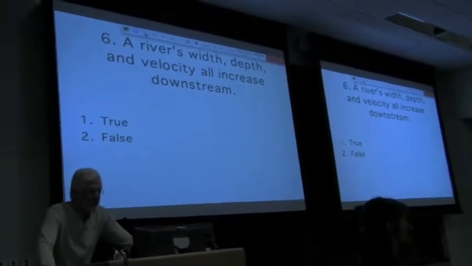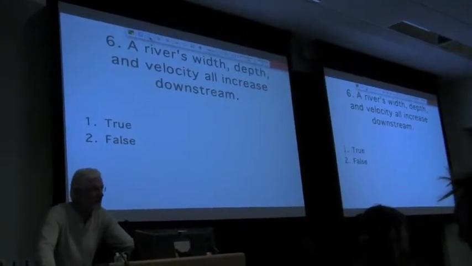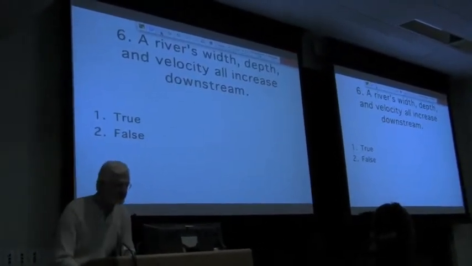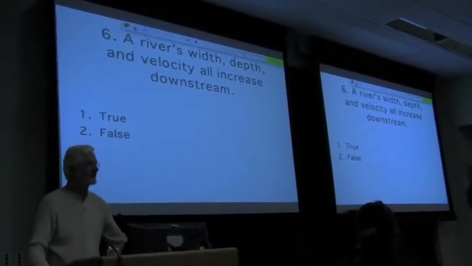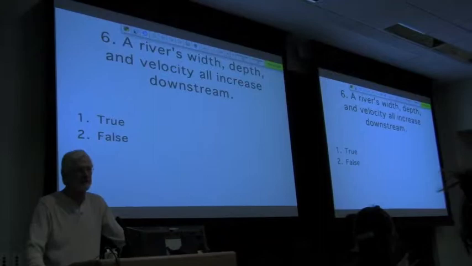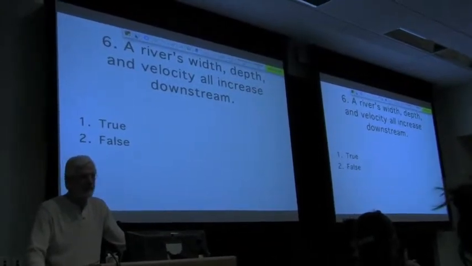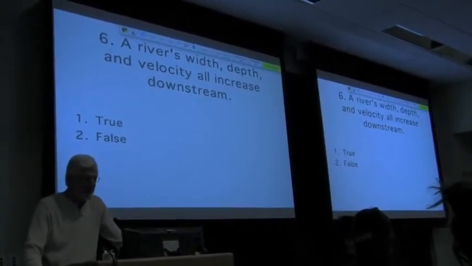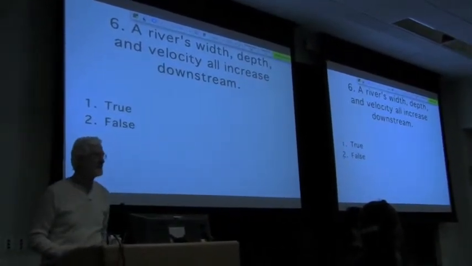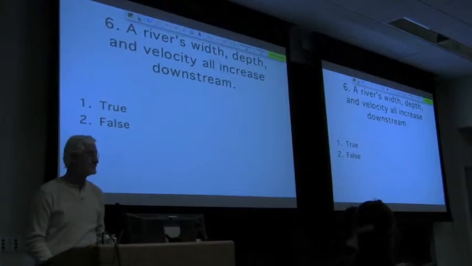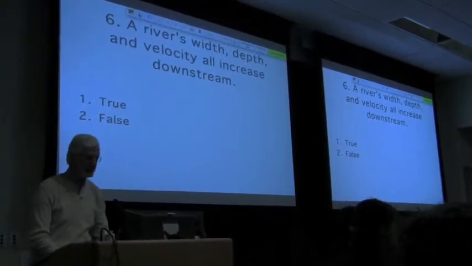A river's width, depth, and velocity all increase downstream. You multiply width times depth times velocity, and you get what? Fill in the blank. Width times depth times velocity, the amount of water moving through. What do we call that? Discharge? Okay, discharge, write it down.